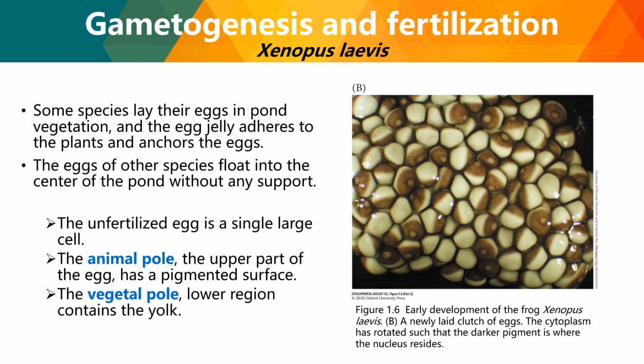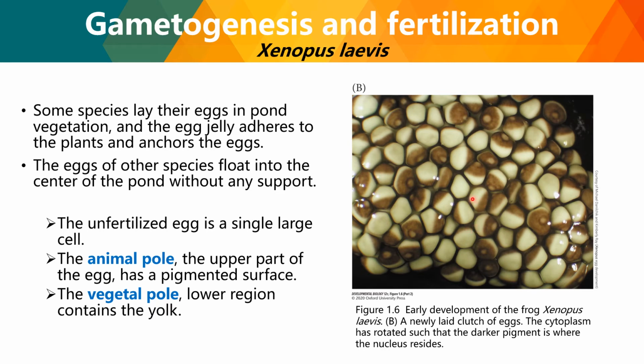So next, some species lay their eggs in pond vegetation, and the egg jelly adheres to the plants and anchors the eggs. The eggs of other species float into the center of the pond without any support. In here, you see early development of the frog Xenopus laevis. These are a clutch of eggs.